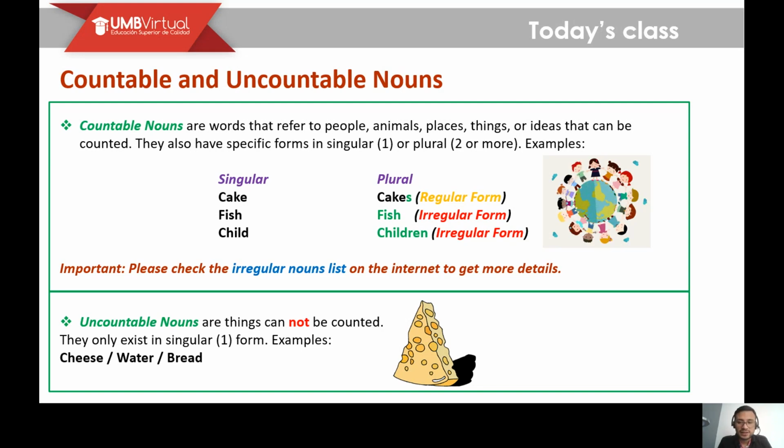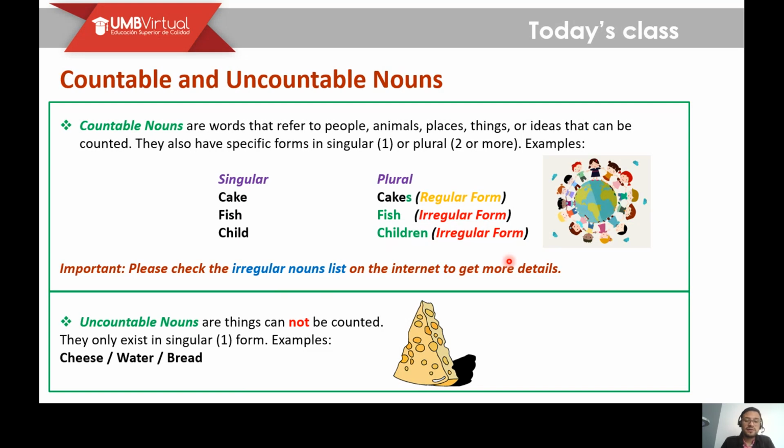Now, with child, child is only one child, and with the plural form, we have children, two children and more. So you can have a full list of irregular nouns on the internet or look for our material in the course.